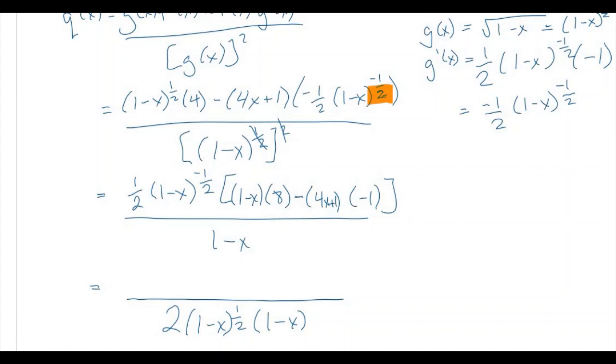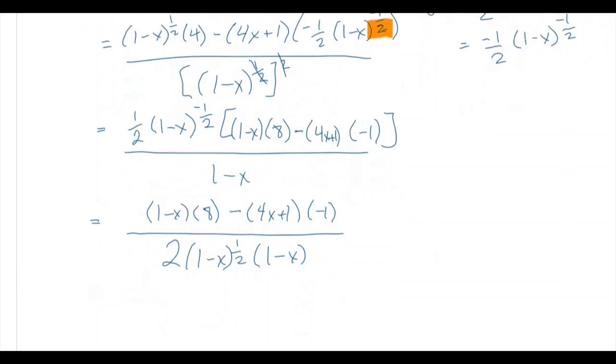And then up in the numerator, all that's left is all the stuff inside the square brackets, which is 1 minus x times 8 minus 4x plus 1 times negative 1. So that's going to be 8 minus 8x.